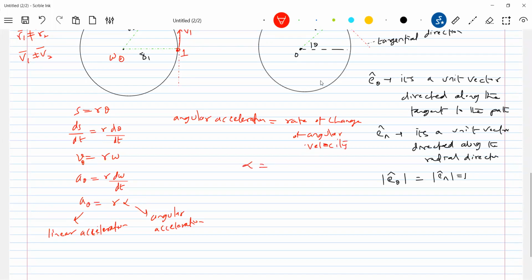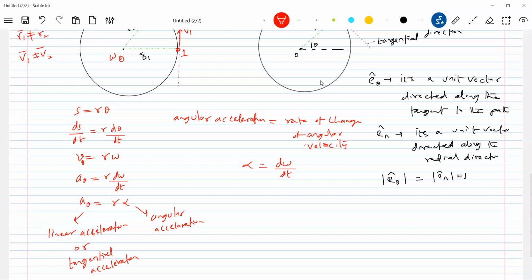So alpha is equal to d omega by dt. It's also a vector quantity. And a theta is called the linear acceleration or tangential acceleration. You should get familiarized with these things.